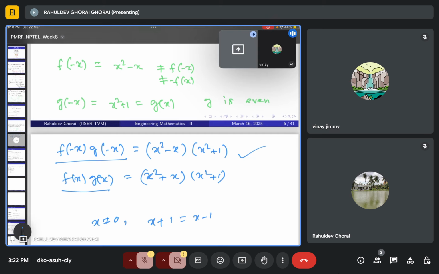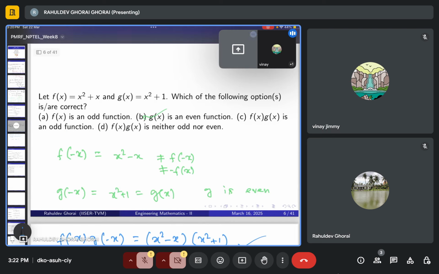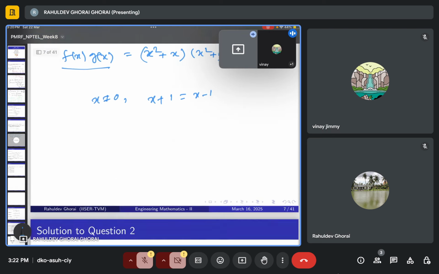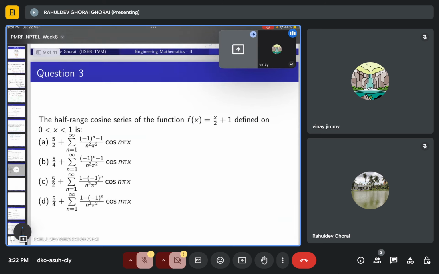Neither are they equal, nor is one the negative of the other. That implies they are neither odd nor even. Okay, so yeah, it was very easy. I won't go much into this.